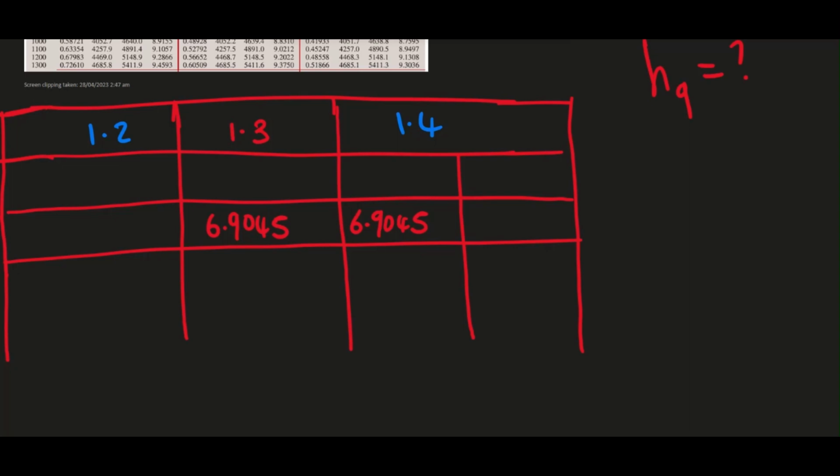I'll do the same at 1.2 megapascal. At my given entropy value, I'll read off what I require. It can be temperature, it can be volume, but in this case we have entropy, so we'll use entropy. After using entropy, then we'll use pressure. You will see what I mean. All right.